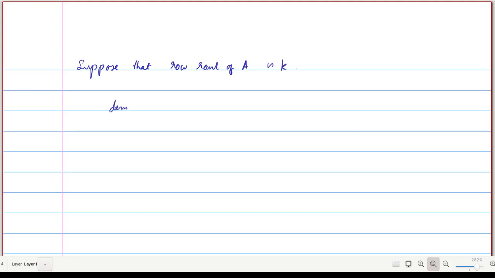This is the dimension of the row space of A, which is equal to k. So how will you find the dimension of the row space? The row space is the span of the rows of A. So this is the dimension of the span of v1, ..., vk. That is given to be k.